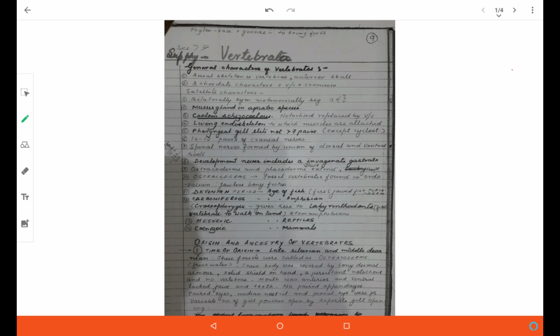After the Devonian period, the Carboniferous period came, and it was ruled by amphibians because they could put a step on the land and explore it, but had to go back to the water for reproduction. The amphibians arose from crossopterygian fishes, which gave rise to labyrinthodonts, the first vertebrates to walk on land, and the labyrinthodonts were termed stem amphibians.